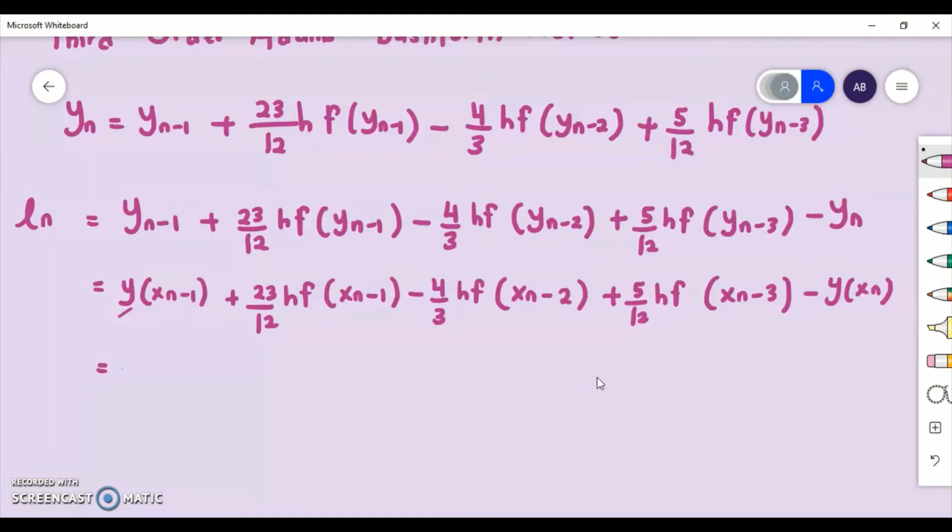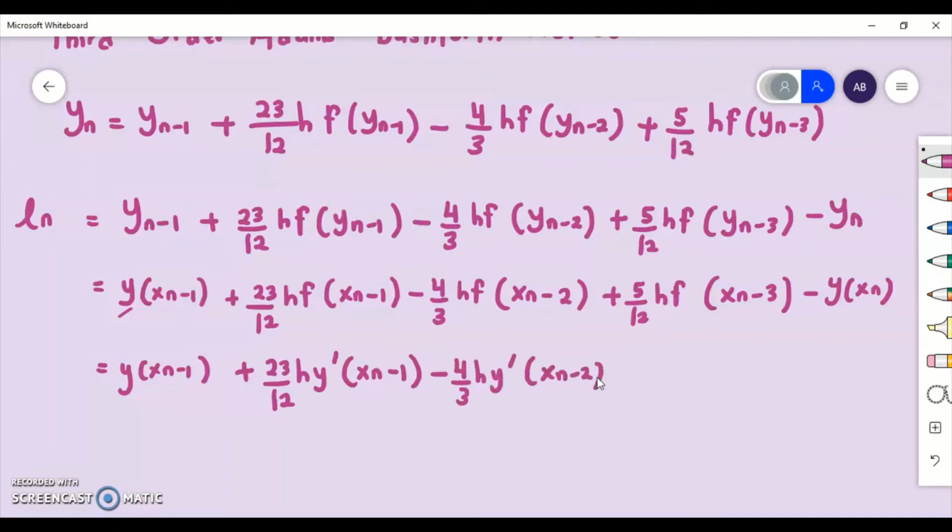If I want to remain with this, I can write this as y at xn minus 1 plus 23 over 12 h y prime at xn minus 1 minus 4 over 3 h y prime at xn minus 2 plus 5 over 12 h f at xn minus 3 minus.